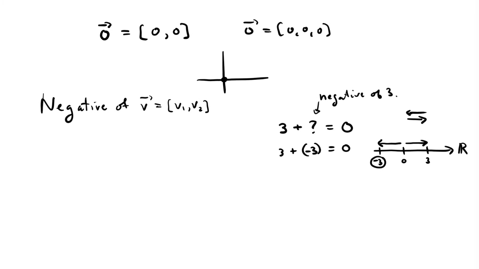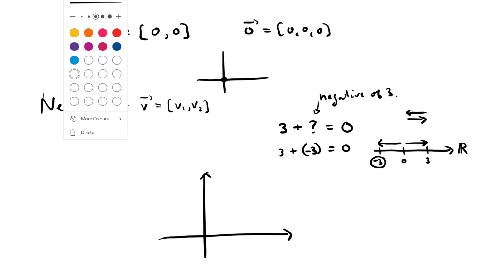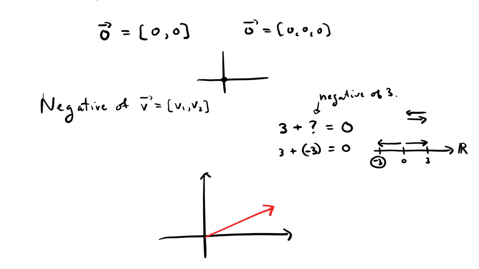If I wanted to find the negative of a vector, so if I have a vector v like this, what vector should I add to it to end back at the origin? Well, that's not too hard.